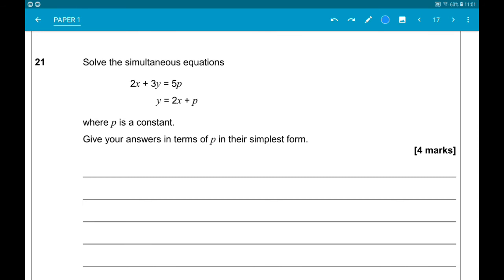So the top one is going to become 2x add 3 lots of (2x add b), and that is equal to 5b.